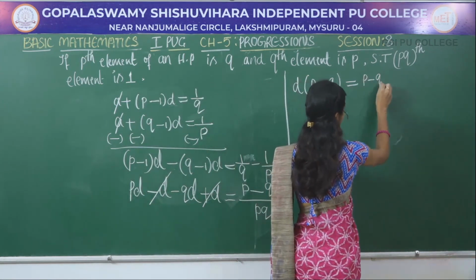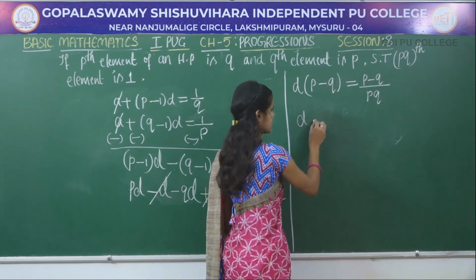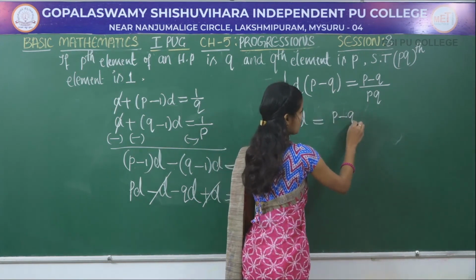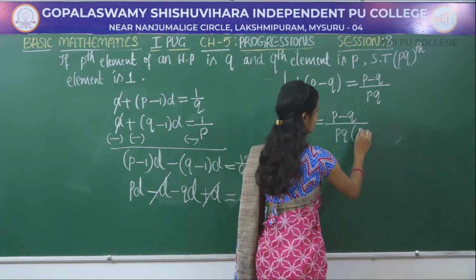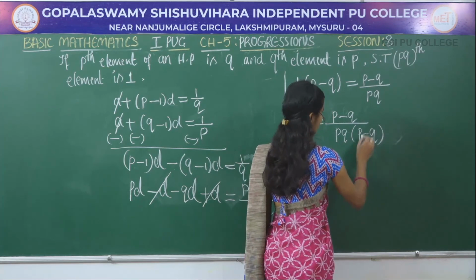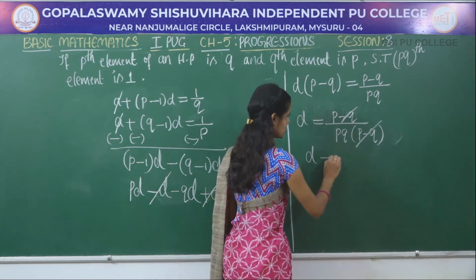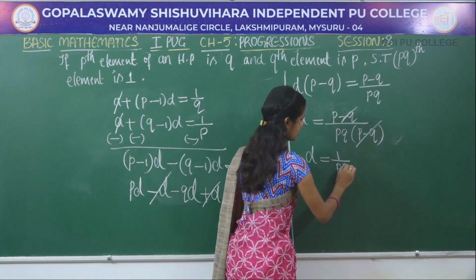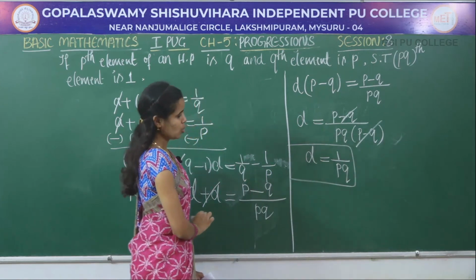So d is equal to (p minus q) divided by pq. Cross multiply, and p minus q gets cancelled. Therefore d is equal to 1 by pq.